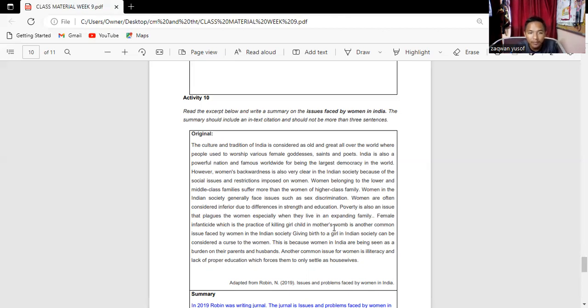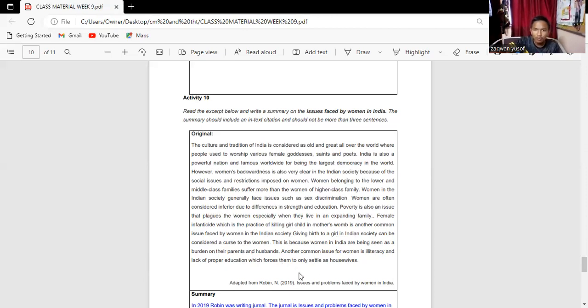Female infanticide, which is the practice of killing a girl child in the woman's womb, is another common issue faced by women in Indian society. Giving birth to a girl in Indian society can be considered a curse to the woman.